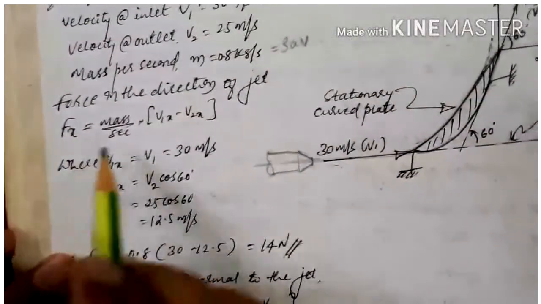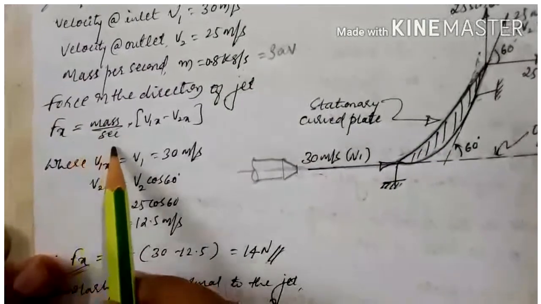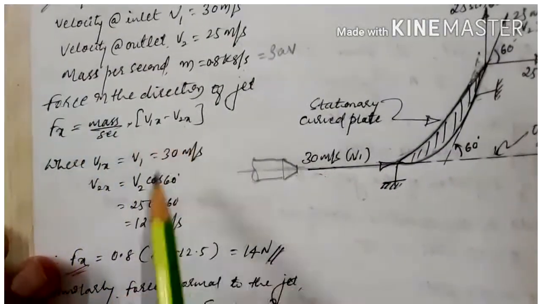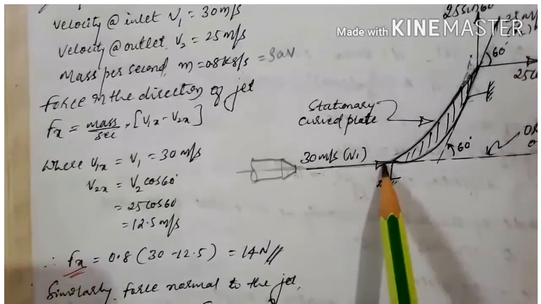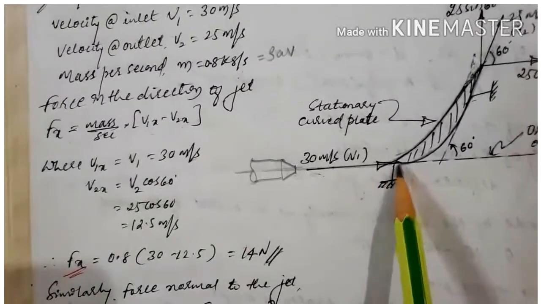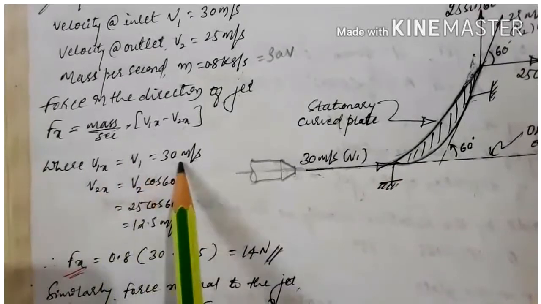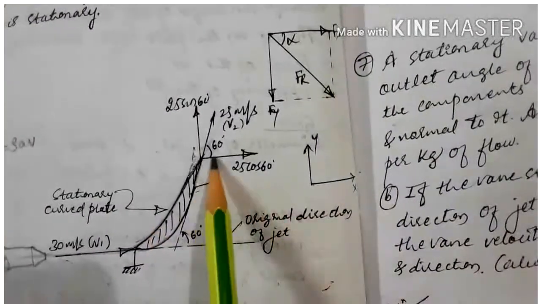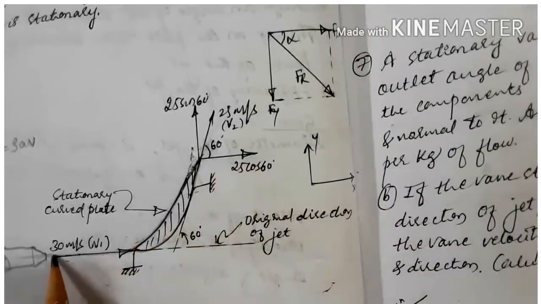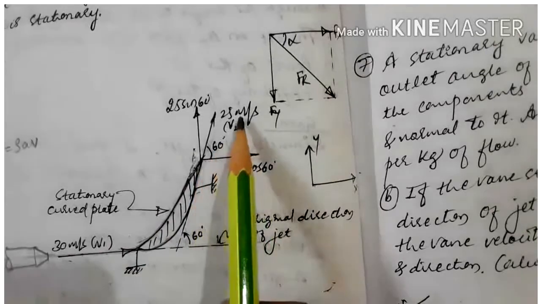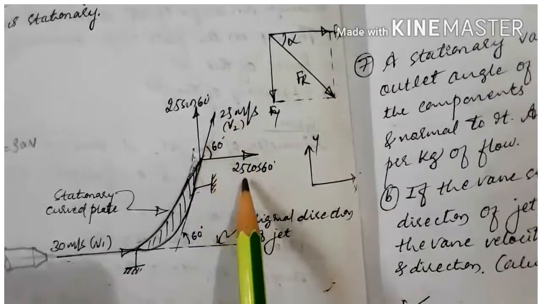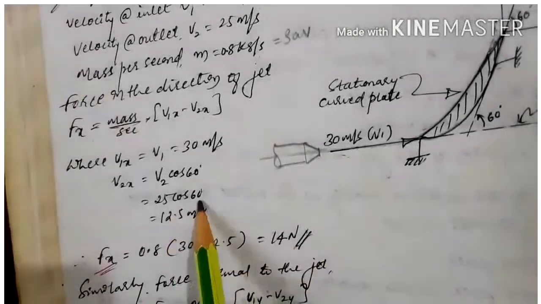So here Fx will be mass per second into V1x minus V2x. What is the V1 here? V1 is the velocity with which the jet is entering the passage of the vane. So V1x will be 30 meter per second, and V2x is again to be taken in the direction of the jet. V1 is the initial velocity and V2 is the final velocity, but the component of V2 to be taken is 25 cos 60.